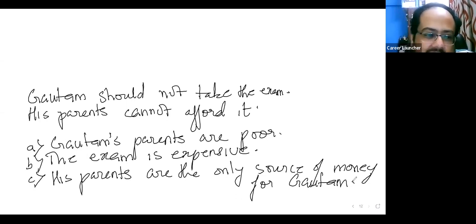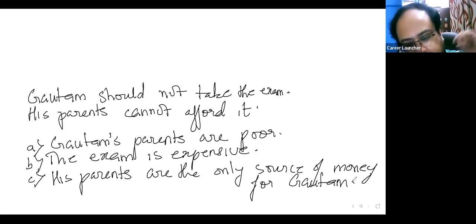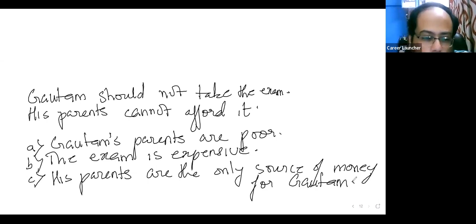Take your time, analyze the argument. The argument was before the answer options. It's an assumption question. How many of these three options are actual assumptions? A, B, C, or two out of these three, or all three?